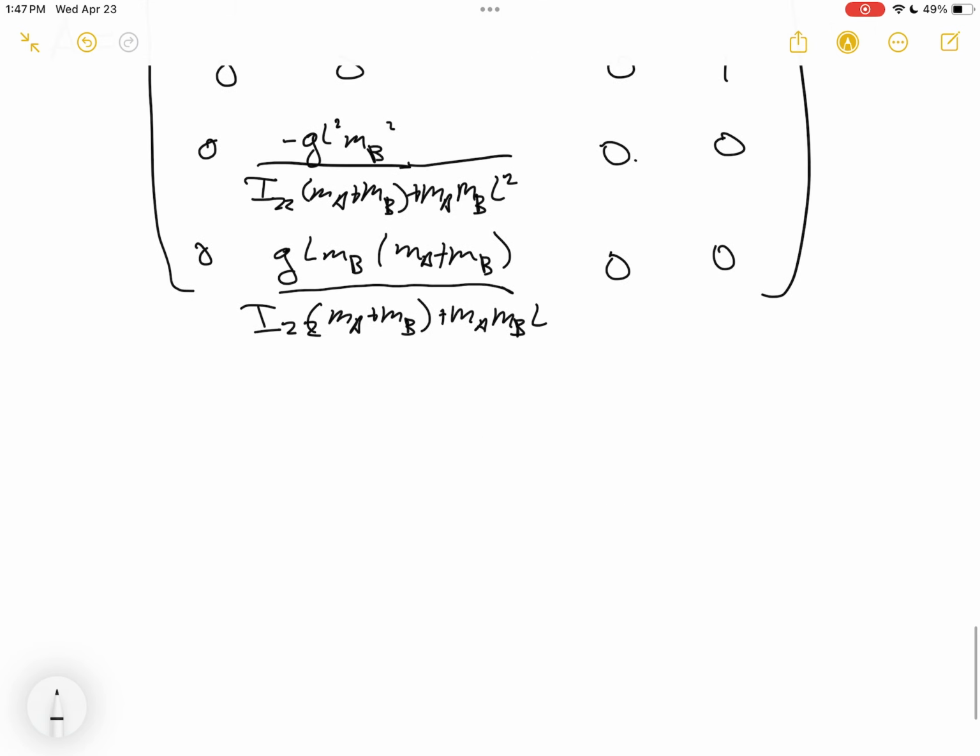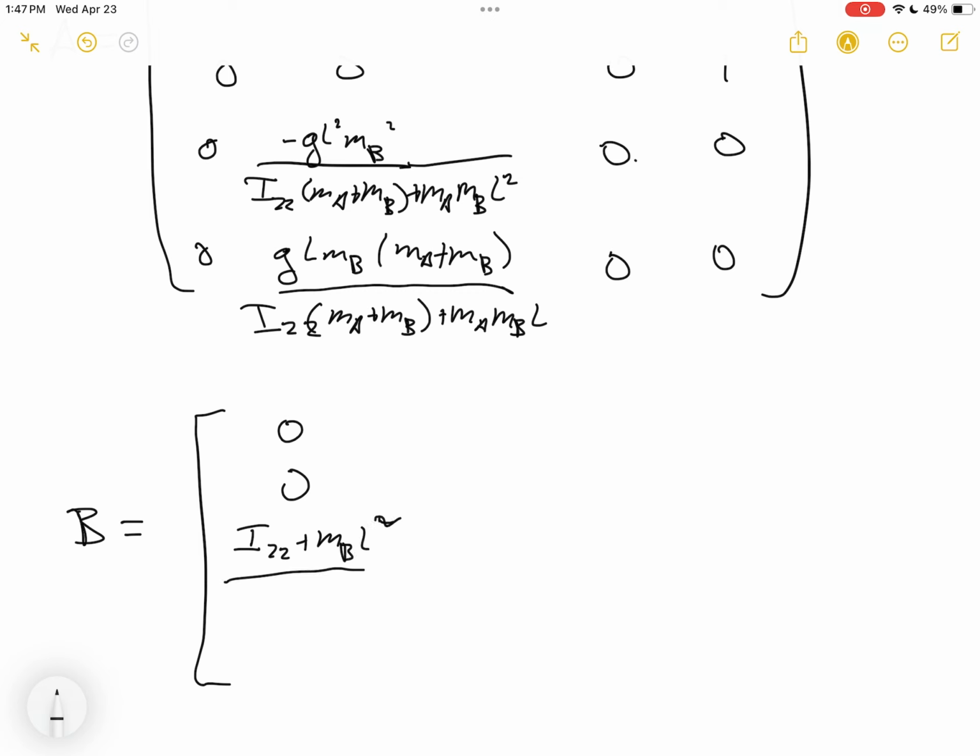And the matrix B was equal to zeros and then M inverse G. And that turns out to be Izz plus mb l squared over that same denominator, Izz (ma plus mb) plus ma mb l squared.